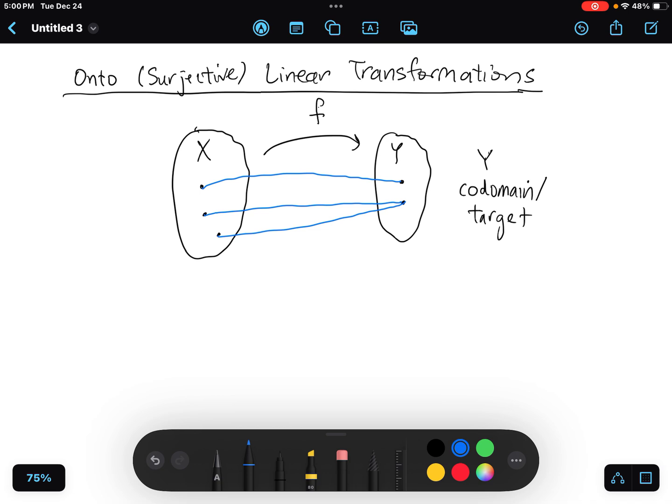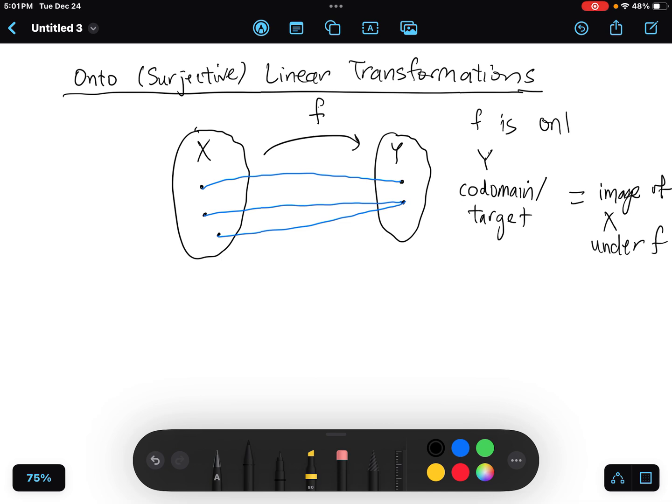So when that happens, in this case, the codomain or target is equal to the image of the function f. Or in other words, the image of the set x under the function f. So when this happens, we say that the function f is onto.